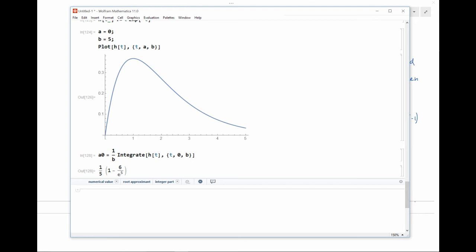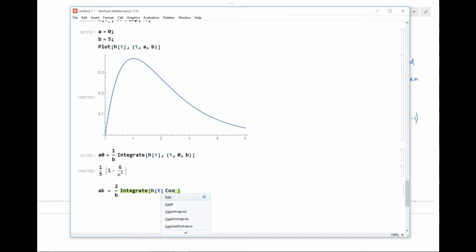Computing the coefficients ak is 2 over b, integrate the function h of t times cosine of pi k t divided by b, evaluated from 0 to b.